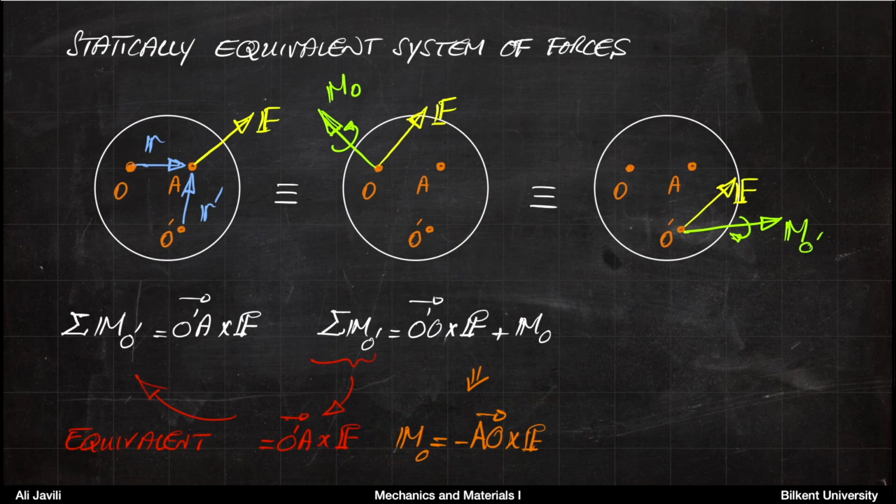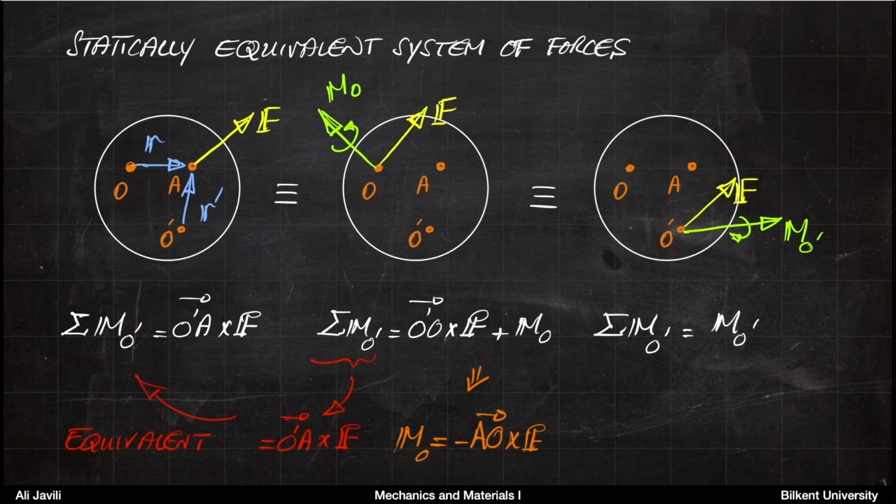And if you remember what we had previously, it was exactly the same thing. So MO, whether you write the moments with respect to O prime or with respect to O, the amount of moment that you need to add when you shift a force to a different point is calculated by this formula. You can play the same game with respect to O prime now, and it's kind of easier because the arm is 0.